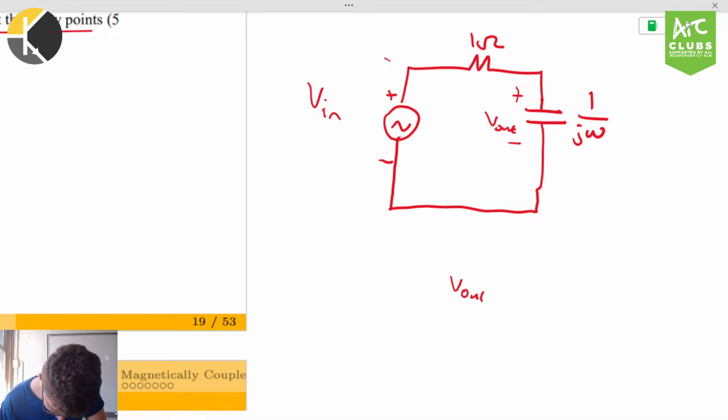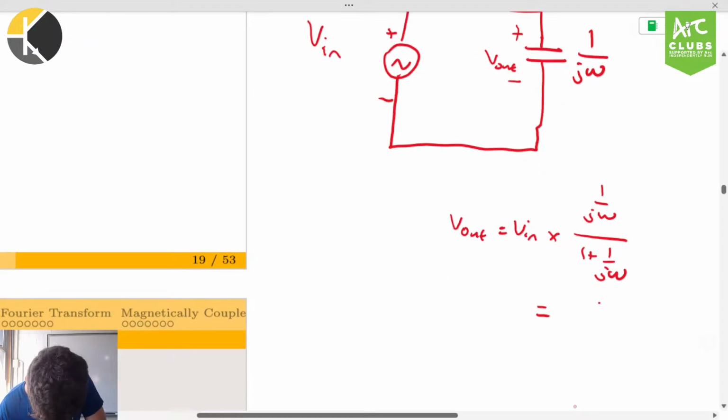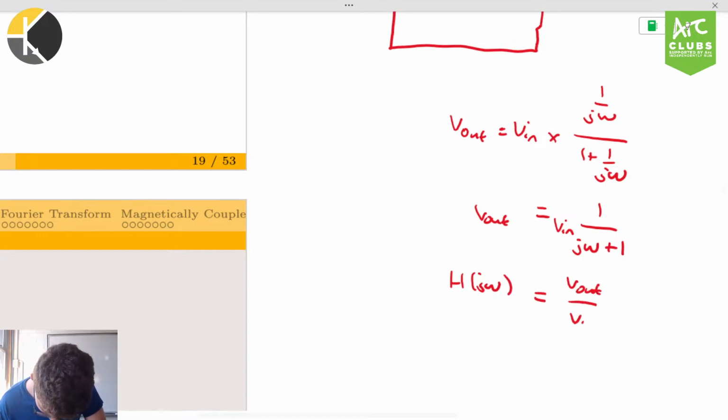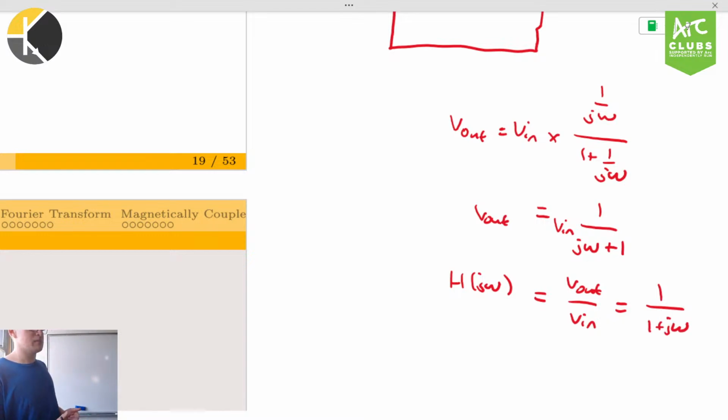V out equals V in multiplied by 1 on j omega over 1 plus 1 on j omega, which equals 1 over j omega plus 1. I just multiplied the numerator and the denominator. And now we can easily find our H of j omega, V out divided by V in, equals 1 over 1 plus j omega. Any problems there? Good.